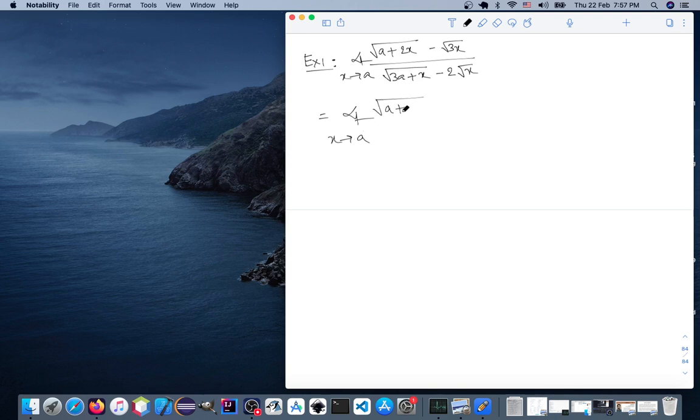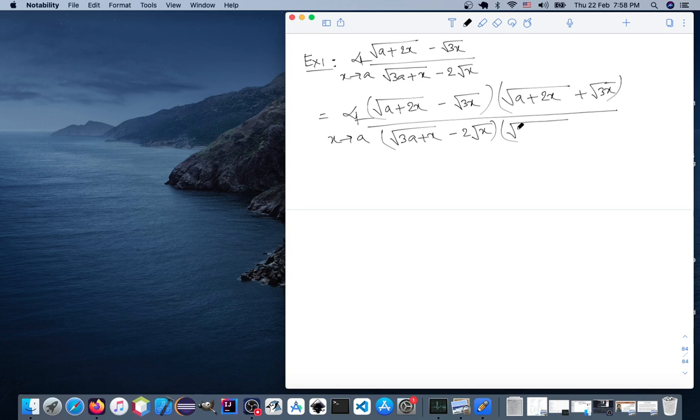This becomes root a plus 2x minus root 3x; if we rationalize this with its conjugate term, root a plus 2x plus root 3x, and we also rationalize the denominator with its conjugate term, and we have this.